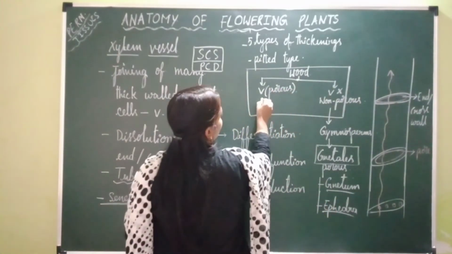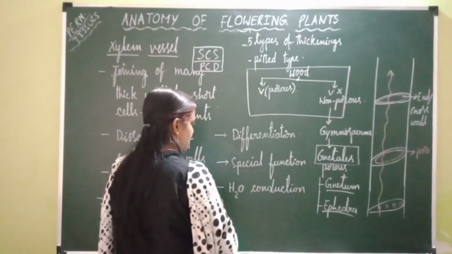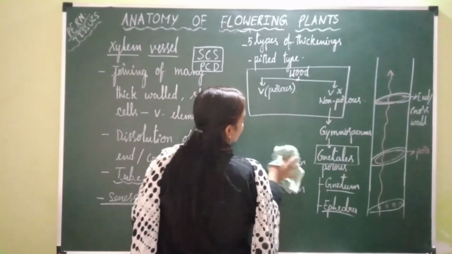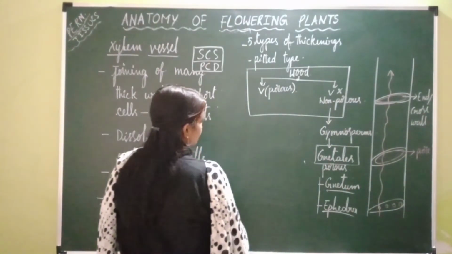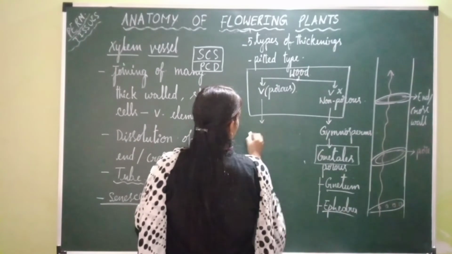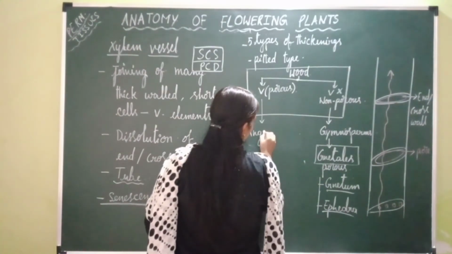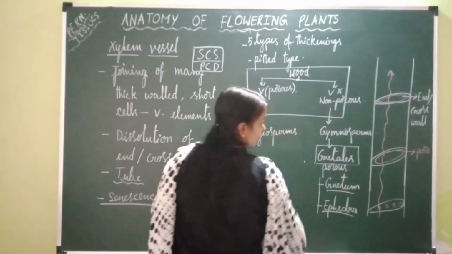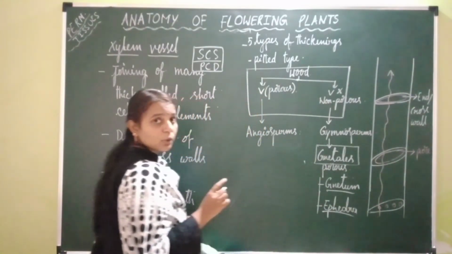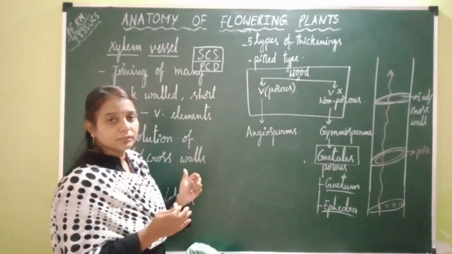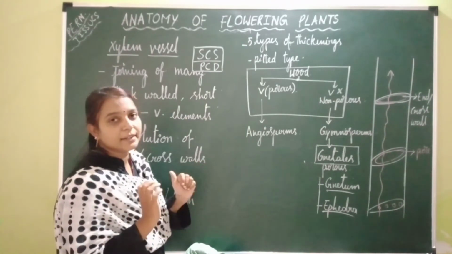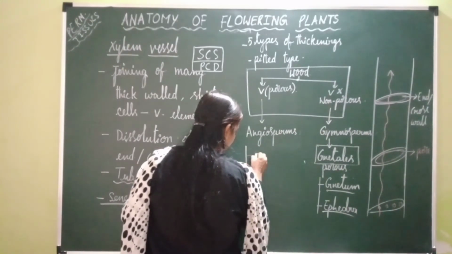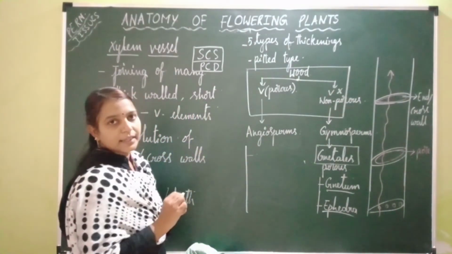Right. Now coming to vessels. If vessels are present in the xylem, that type of wood is called porous wood. Vessels are present in the xylem of angiosperms, so porous wood is present in angiosperms. But a few primitive plant families, like 3 families, lack vessels in their xylem.